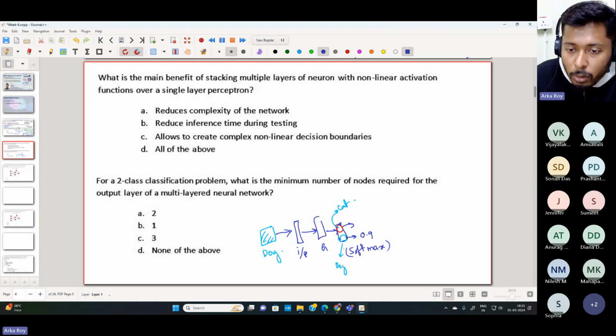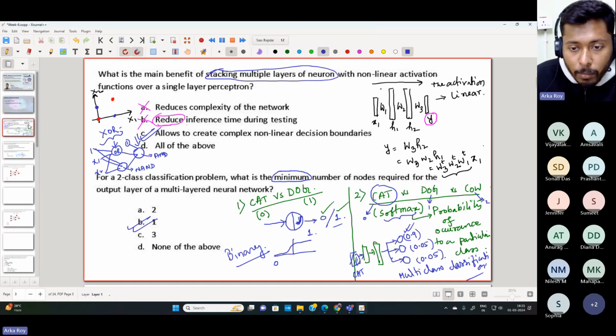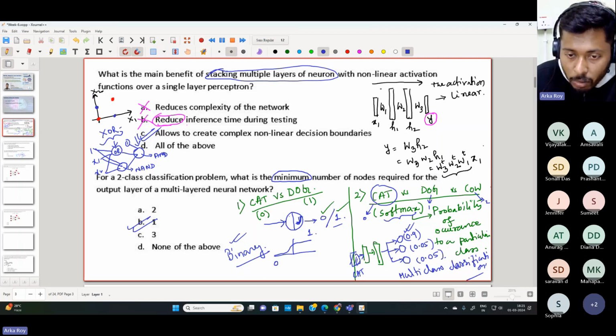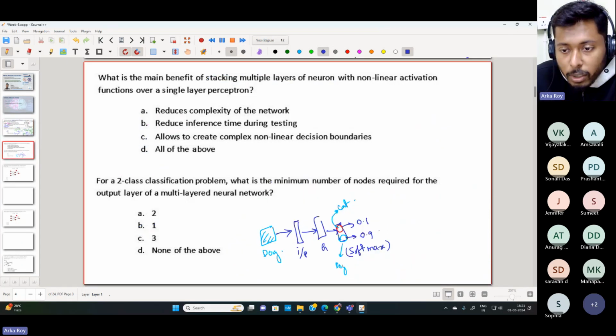And because this is the dog class, not the cat class, the probability for cat will be low. So the problem in binary classification is that you can get the final answer using only a single neuron, as well as using two neurons, because you have two classes.